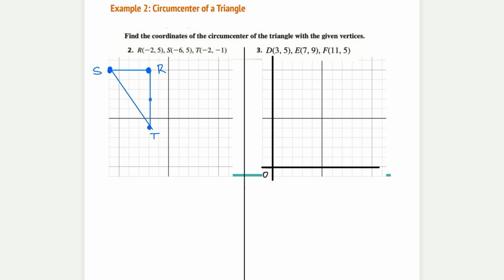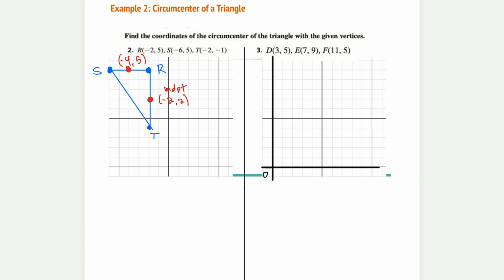The midpoint from R to T is here, which is -2 and 2. Let's put it as midpoint. And the midpoint from S to R would be on this part, that would be -4 and 5. 1, 2, 3, 4. Okay, we're correct on that one.